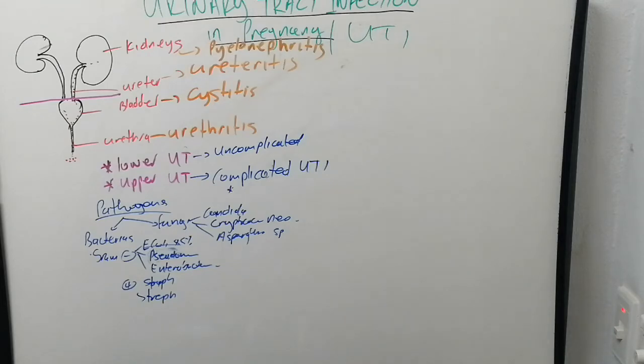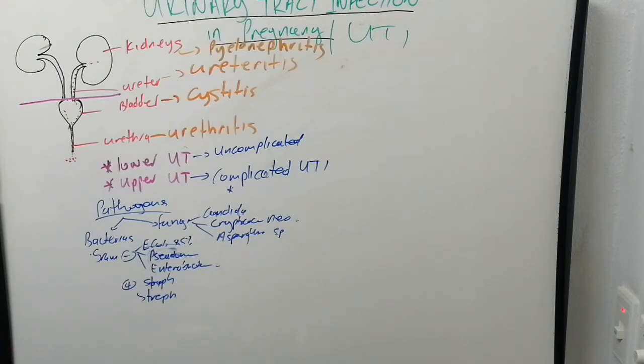So if you understand this part, you will also understand that, like I said, these bacteria, especially E. coli, are normal flora of the GI tract. So it's found around the anal area, the perineum, and all of that.